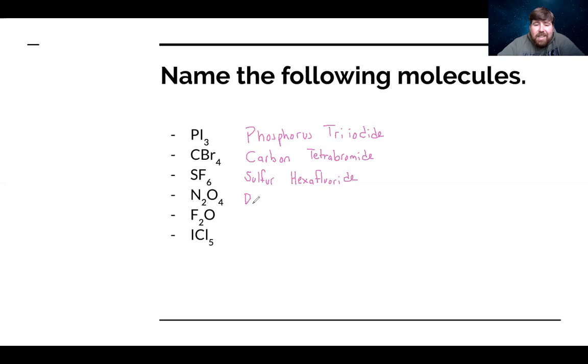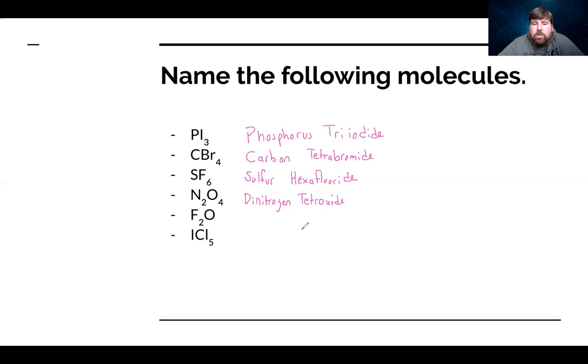So this is going to be di, because there are two nitrogens, dinitrogen. Notice I don't change the suffix for the first one, and there are 4 oxygens, so tetra is the prefix. Now, as far as oxygen goes, because it starts with a vowel, rather than say tetraoxide, we can make our lives easier and say tetroxide.